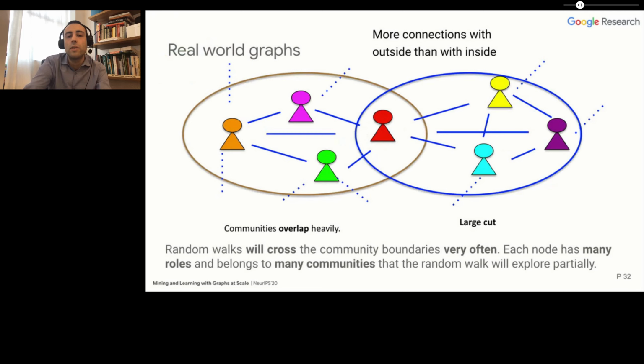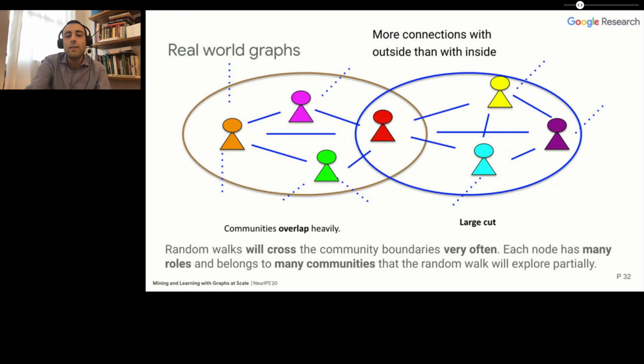I want to start with an intuition from random walks. As we have seen, random walks can be used to embed nodes like in DeepWalk. But what happens if a node is part of many overlapping communities, like social communities such as work and family and friends? If a node is part of many communities, there are many connections between the inside of the community and the outside world.